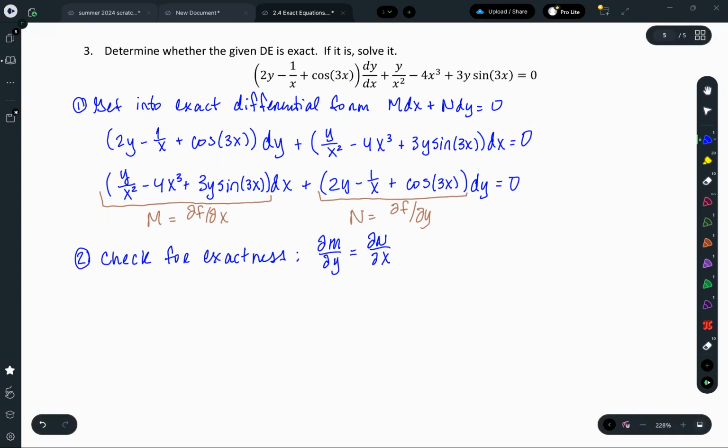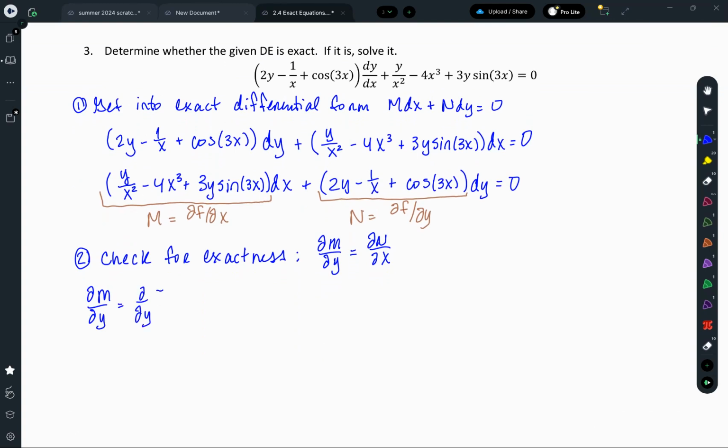Okay, let's calculate them. Del M del y means we are going to take del y of M, which is the y over x squared minus 4x cubed plus 3y sine of 3x.